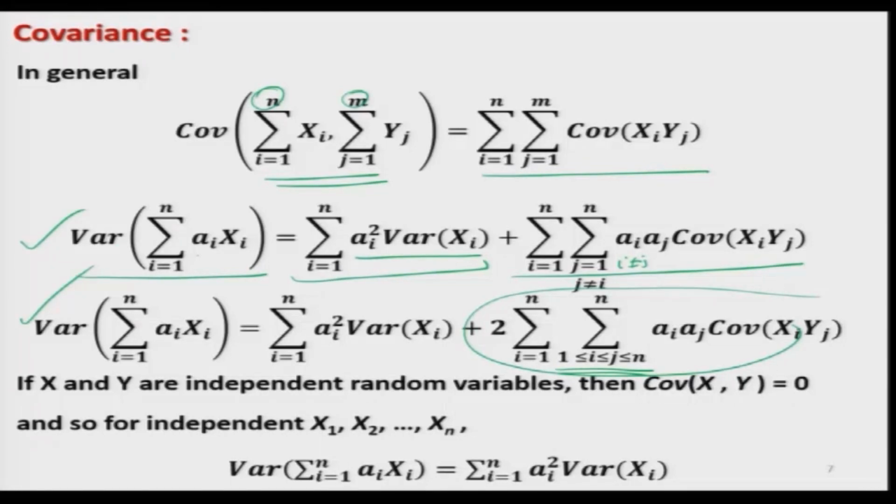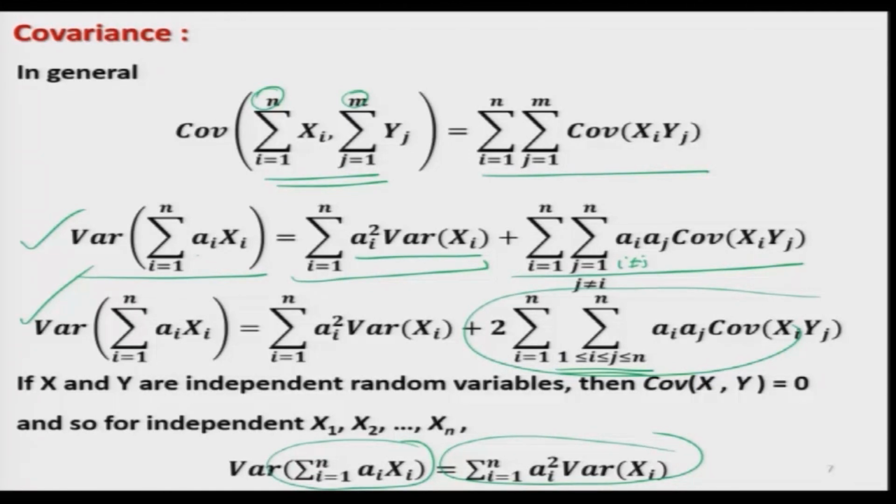Definitely, if all these Xi's are independent, then this covariance term will become 0, and we can write that the variance of the summation ai Xi will simply be the sum of the variances, that is, the summation i goes from 1 to n, ai squared variance of Xi.